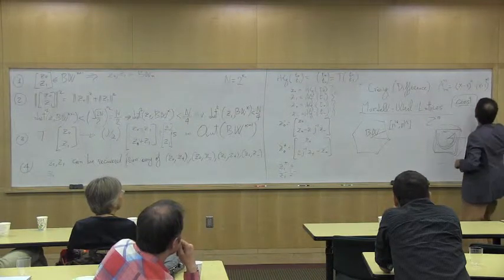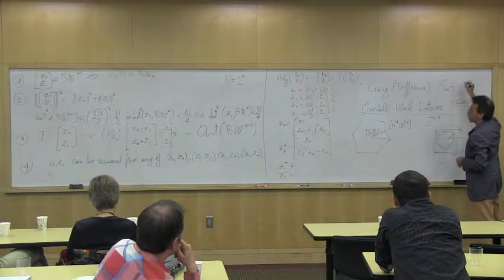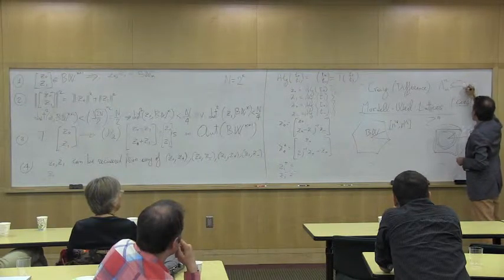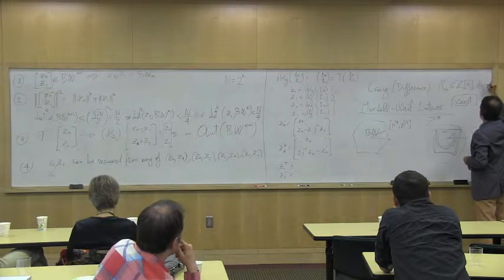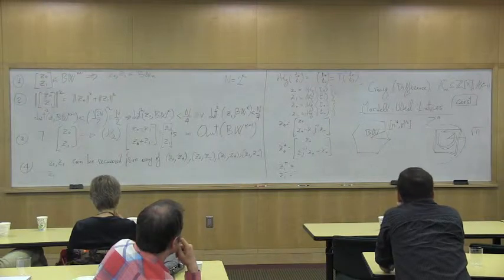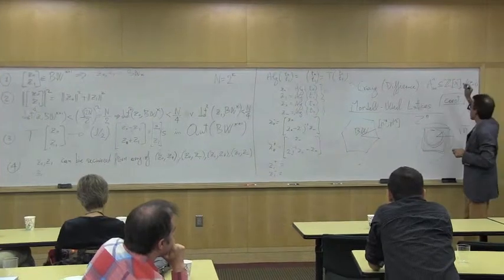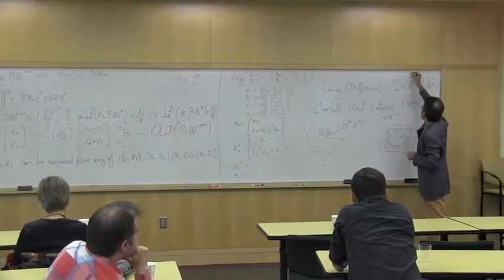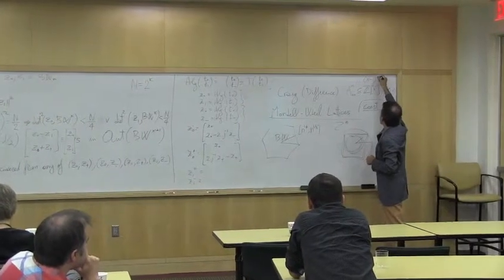So it is an ideal in the ring Z[x] modulo x to the m minus 1. So let's say it is a cyclic lattice in dimension m, and it is the lattice corresponding to the ideal (x minus 1) to the power n.